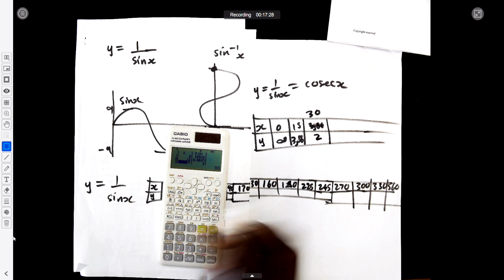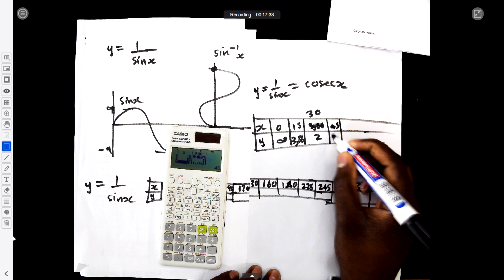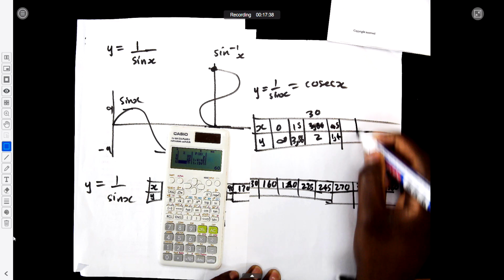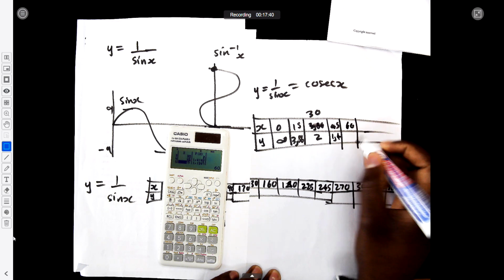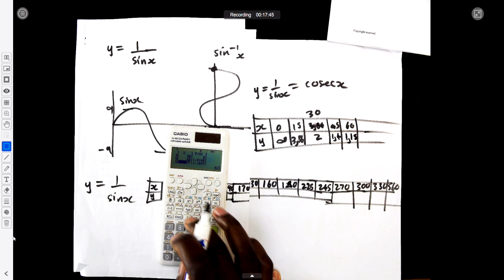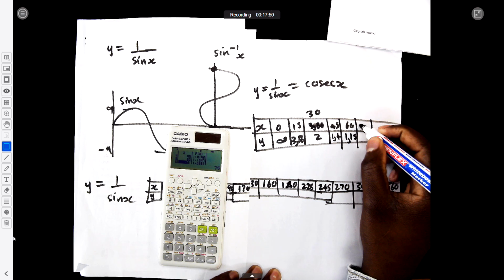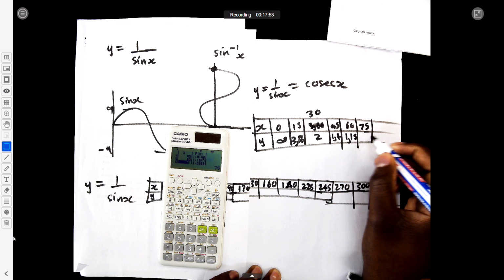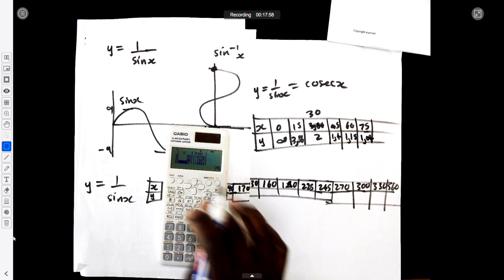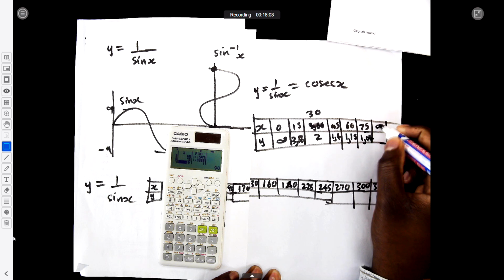At 30, we have 2. At 45, 1.41. At 60, 1.15, it's getting lower. At 75, about 1.04. At 90, we have 1.